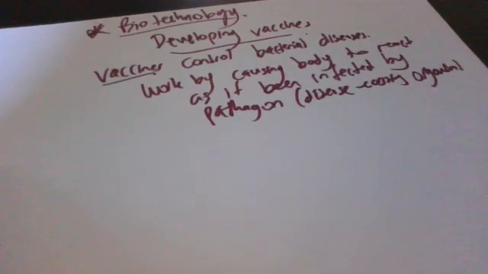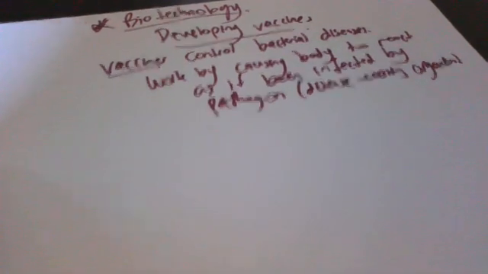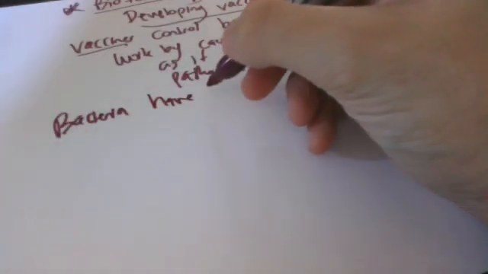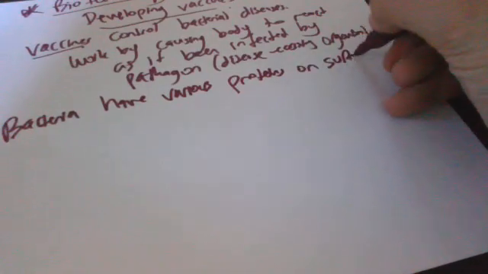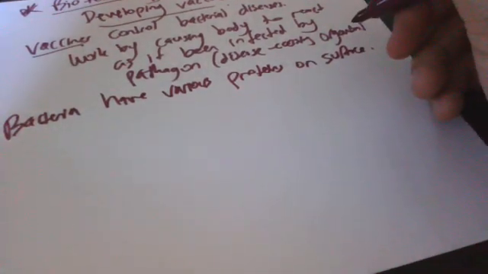Now, in terms of the bacteria, okay, they've got different proteins on their surface. Okay, so they have various proteins on surface. Okay, and some will actually cause the body to start producing antibodies, okay, when infected by the bacterium that's attacking the body.